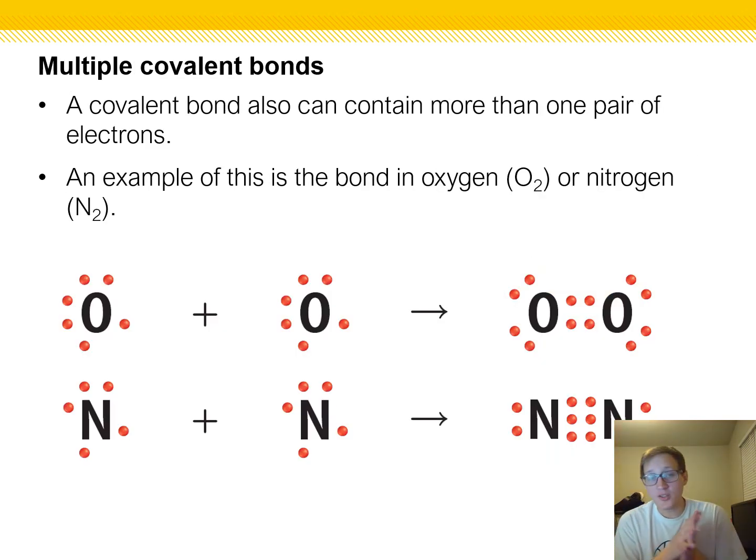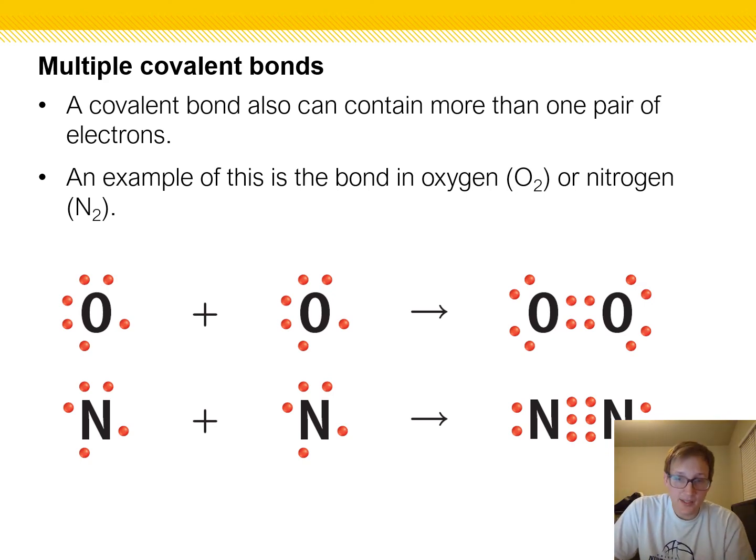And you can also have multiple, so you can definitely bond to something and share more than one electron. A covalent bond also can contain more than one pair of electrons. An example of this is the bond of O2. Regular oxygen, remember that oxygen has 6 and 6.